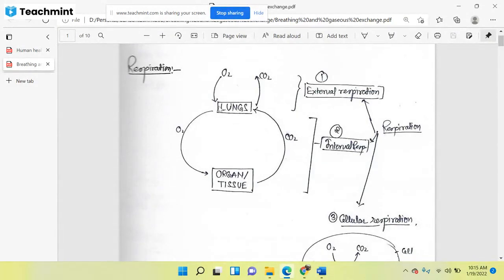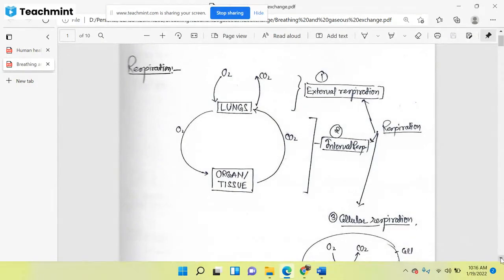From this alveoli, blood will transport the oxygen to different cells or tissues of the organ, and here carbon dioxide will be produced, and this carbon dioxide will be transported from the blood to the alveoli, and from the alveoli, carbon dioxide will be expelled out. And this particular process, from the lungs to organs, tissues or the cells, is called internal respiration, as I told you.